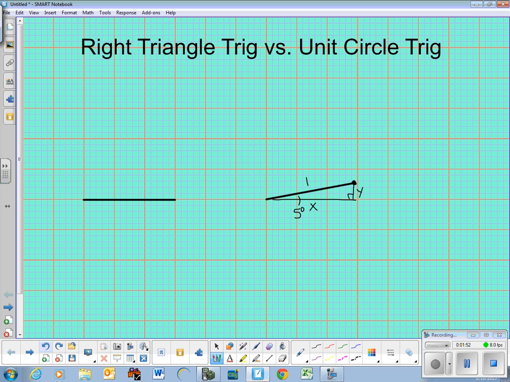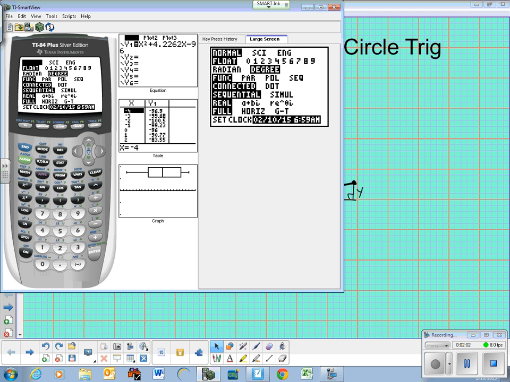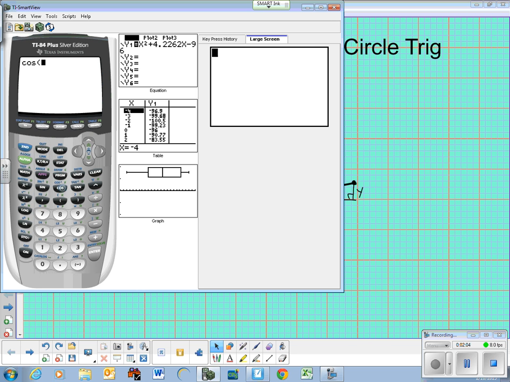So what I know about this point is that the x distance is cosine 5 degrees. I'm going to make sure my calculator is in degrees, which it is. So the cosine of 5 degrees is 0.996.